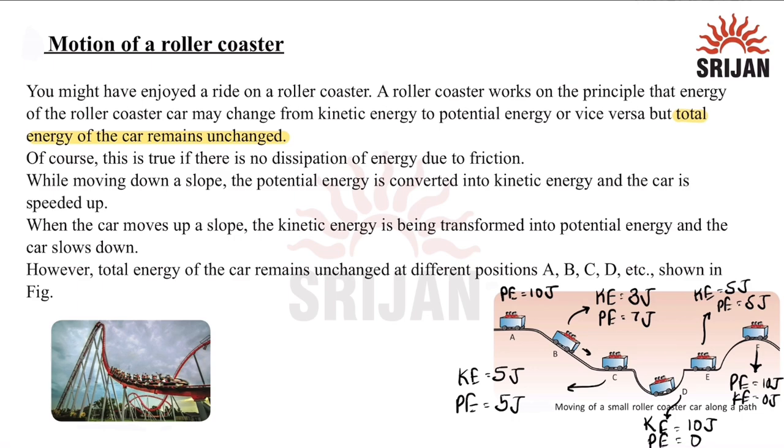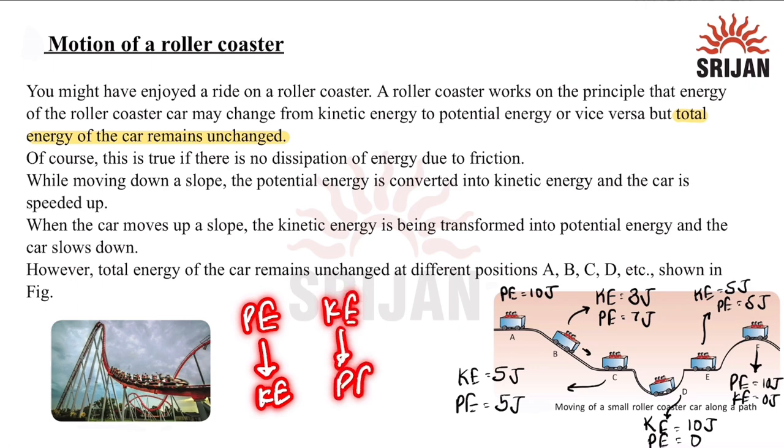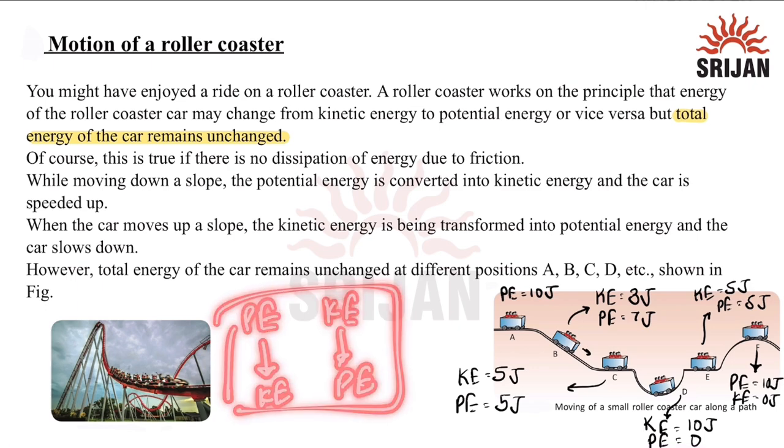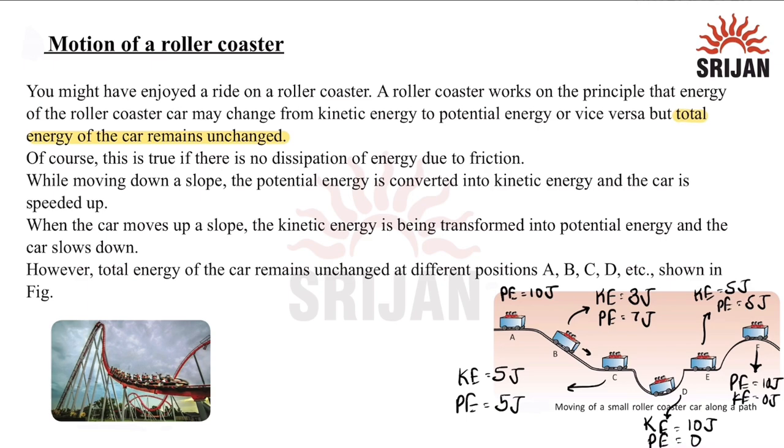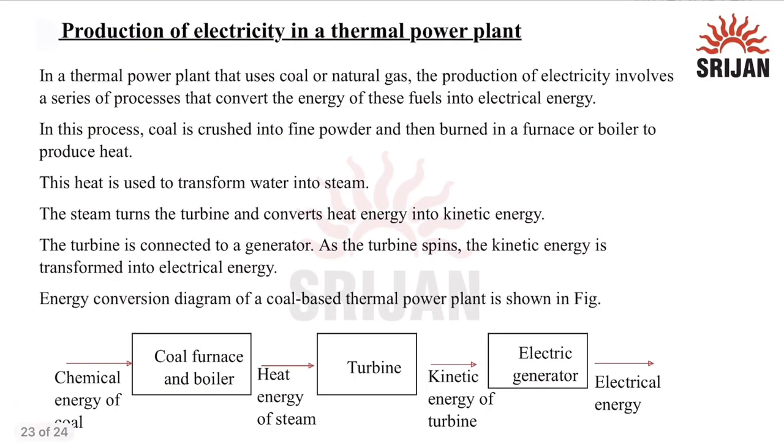So as you can see, potential energy was readily converting into kinetic energy and kinetic energy into potential energy, but the sum of these energies remains unchanged, as you can see in this diagram.